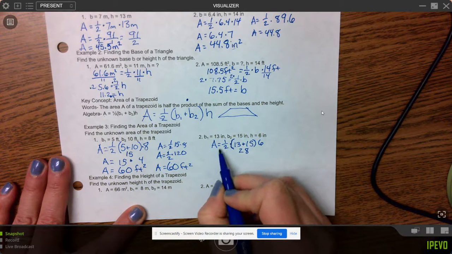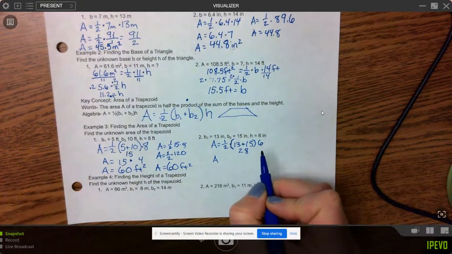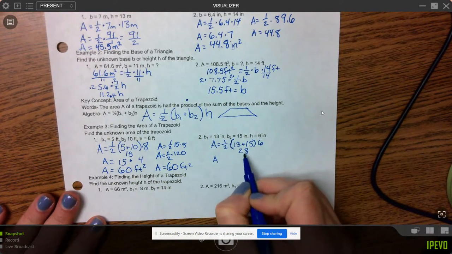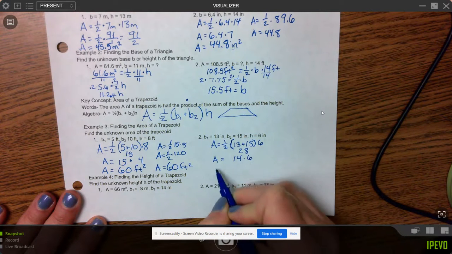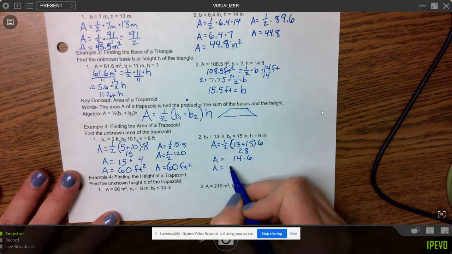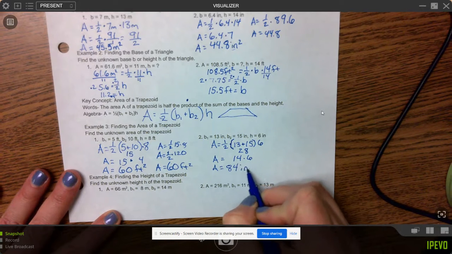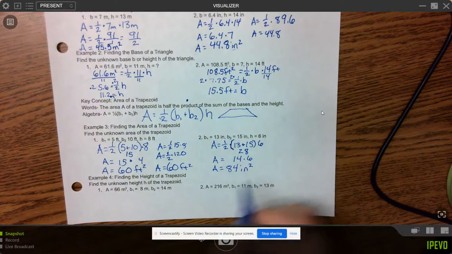And then we have 1/2 of 28 times 6. I know 1/2 of 28 is 14 times 6. So 14 times 6 is 84. Very good, Will. So it's 84 inches squared because we have inches times inches.